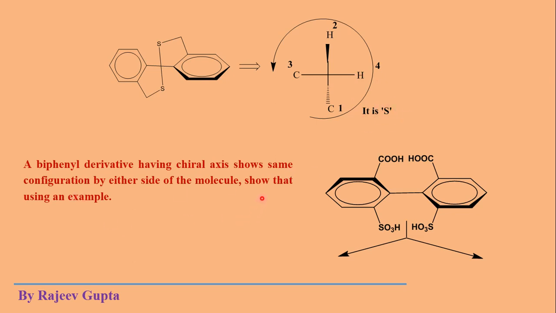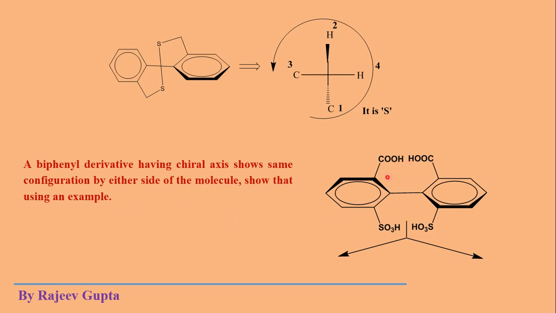So this is described in this example. A biphenyl derivative having a chiral axis shows the same configuration from either side of the molecule. Either side means if we see through the planar portion, or if we see from the wedge-dash portion side, then we should get the same configuration.